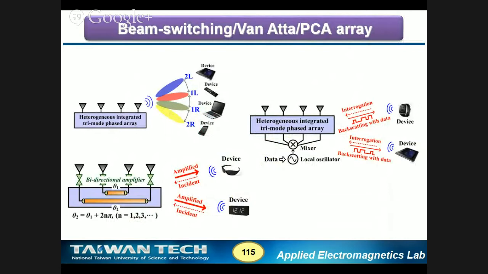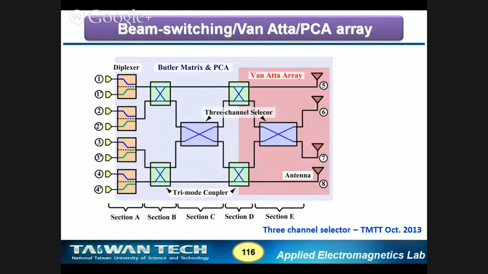This is in the low band, a beam switching array, and this is in the mid band, a Butler array. We just connected them in pairs, and this is the design in the high band. It is a PCA array, a phase conjugating array. Hey, it is quite complicated because we must have a single topology but have triple functionality, and it is quite difficult.